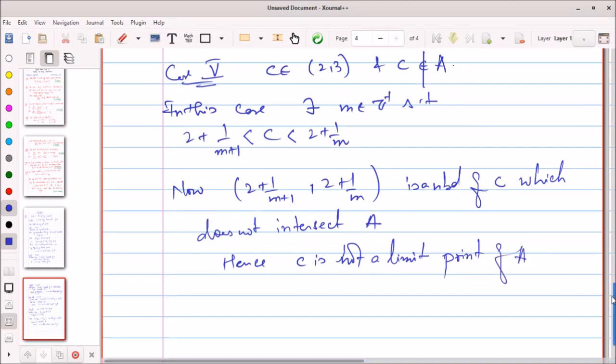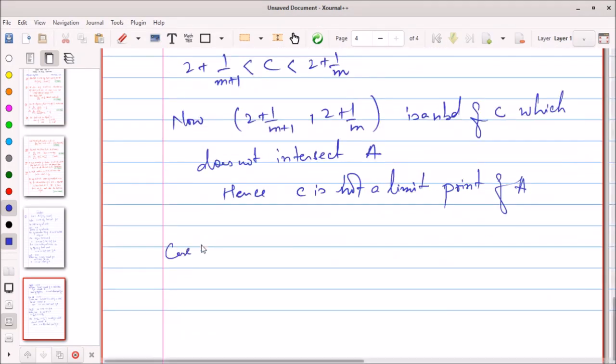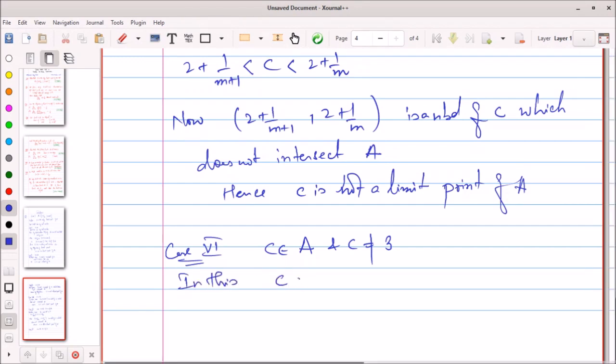So we are just left with the final case, which is when c belongs to A and c is not equal to 3. In this case, c is equal to 2 plus 1 by m for some m belonging to Z positive.